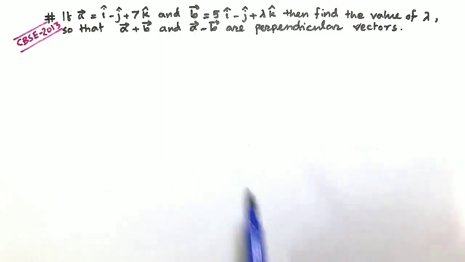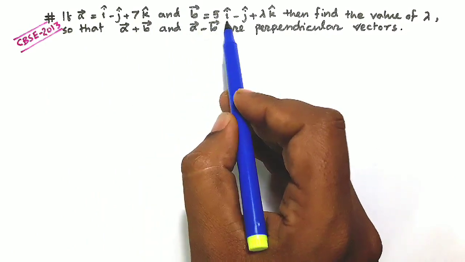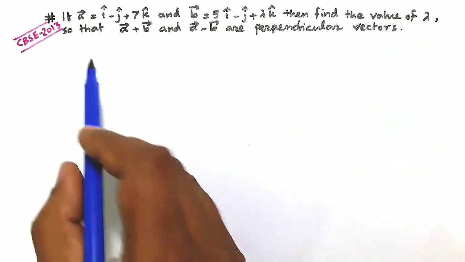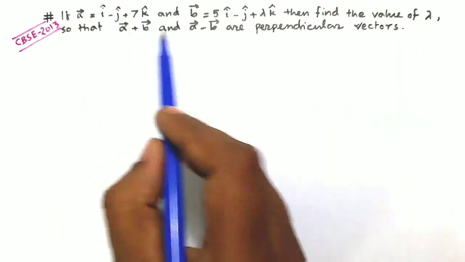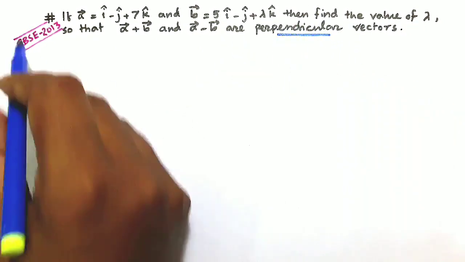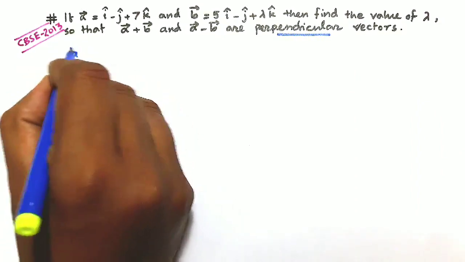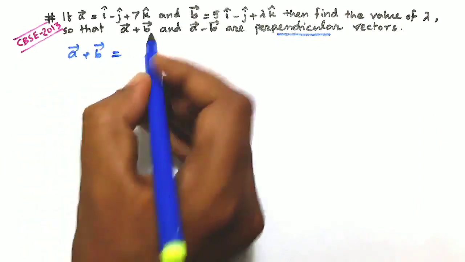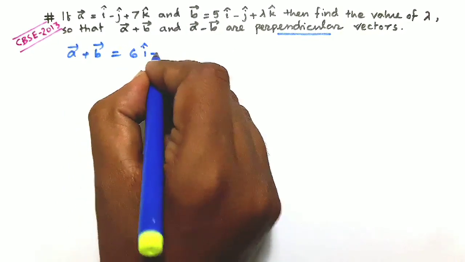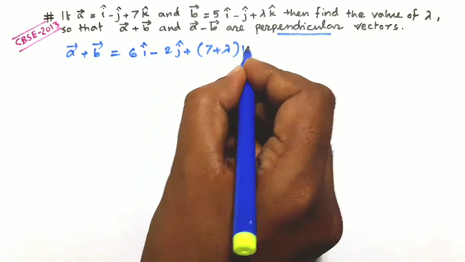Our next problem is: if a vector is equal to i cap minus j cap plus 7k cap and b vector is equal to 5i cap minus j cap plus lambda k cap, then find the value of lambda so that a vector plus b vector and a vector minus b vector are perpendicular vectors. It is taken from CBSE 2013. So friends, first of all you have to find a vector plus b vector: just add these two vectors and we get 6i cap minus 2j cap plus (7 plus lambda) k cap.